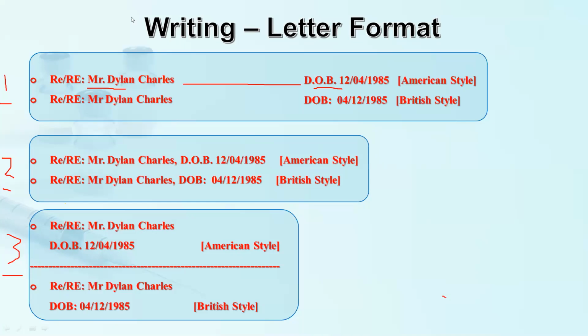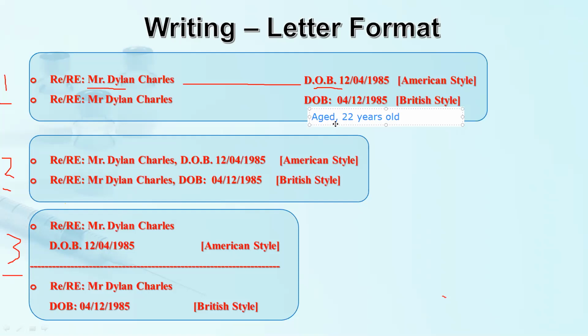Regarding how to write the age, if in the task the age is included, not the date of birth, you can write the age this way. Aged, comma, like 22 years old. Okay, and you can apply these three options for this age, and this is correct.